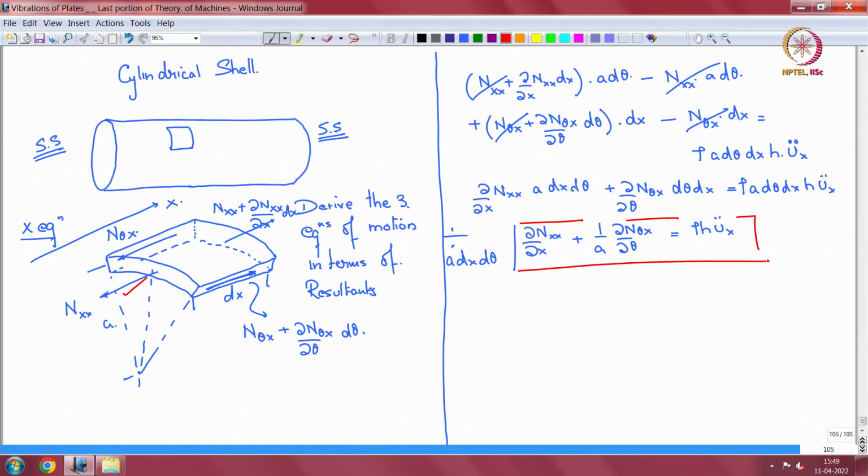Now what about the theta equation of motion? For the theta equation of motion, that's my element.